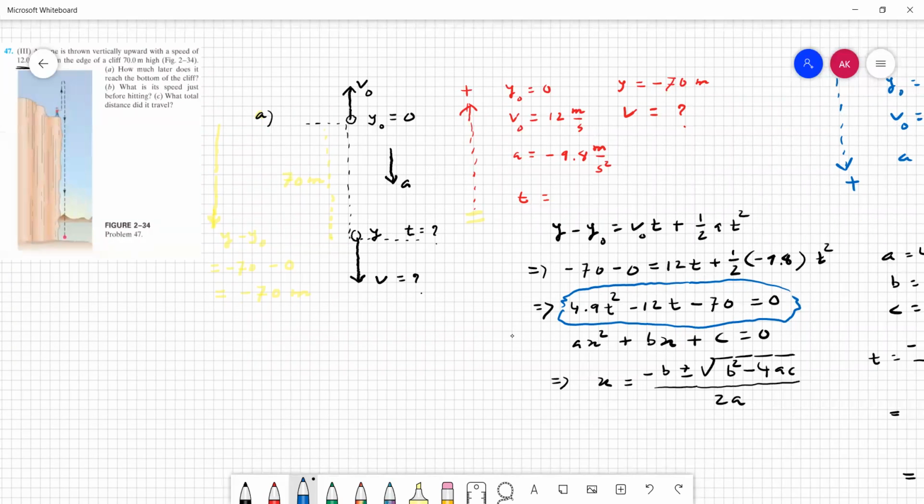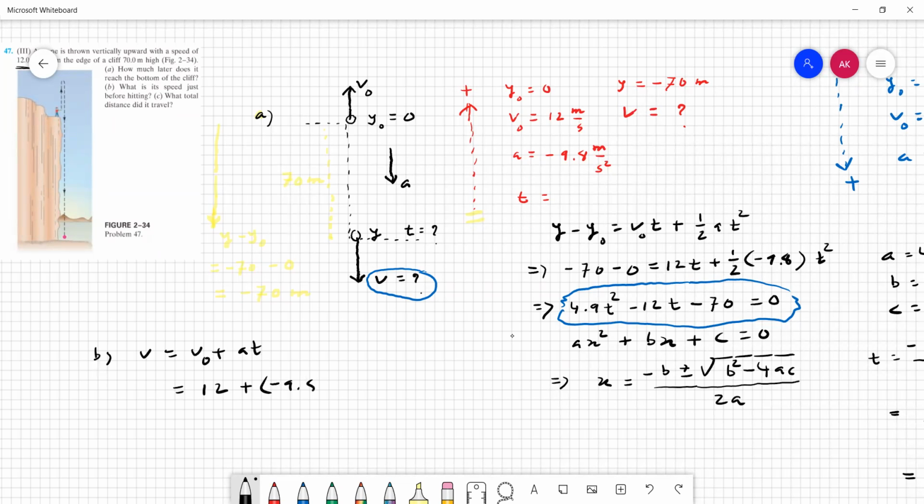In part B, we can use v is equal to v naught plus at. v naught we know, if I take upward direction to be positive, v naught will be 12. And a will be negative 9.8. And t is 5.2. You can solve it, how much you get.